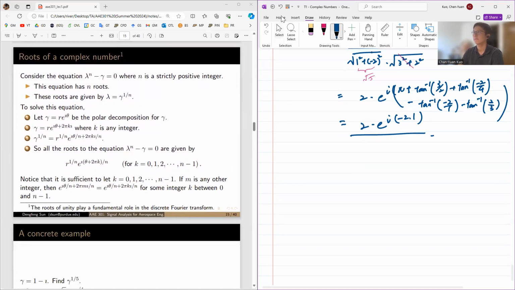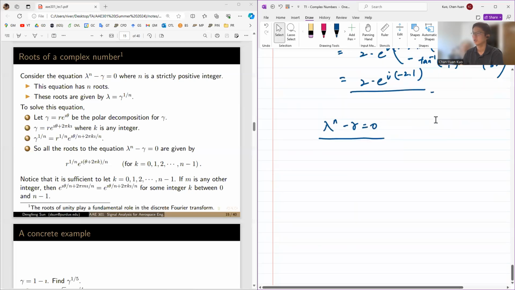Another usage of the polar form is that it allows us to compute the roots of this polynomial: lambda to the power of n minus gamma equals 0.